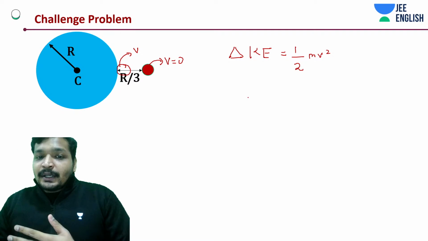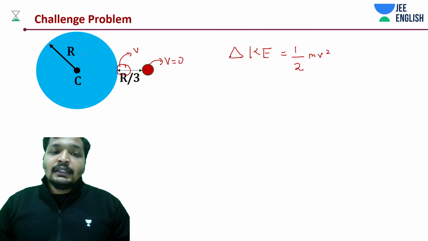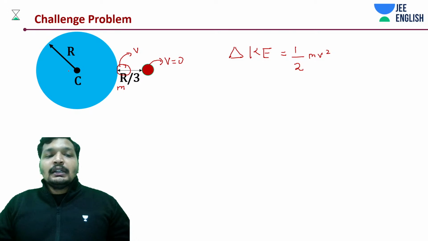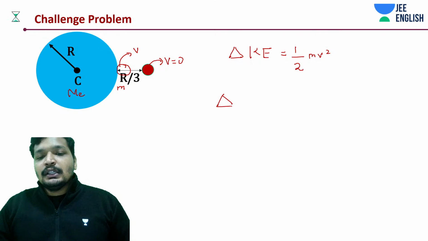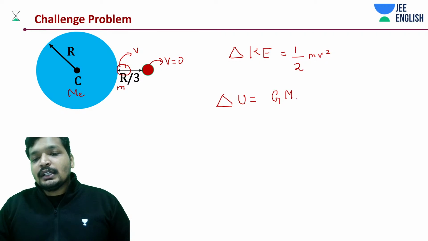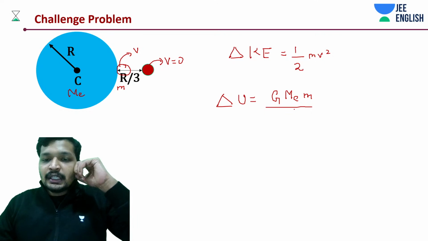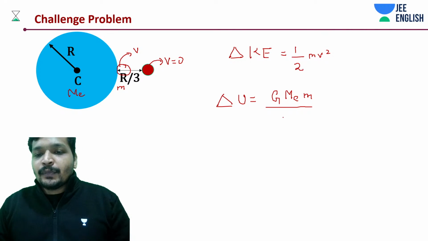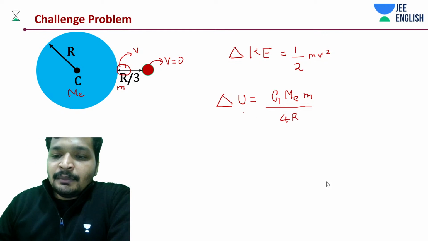It's not mgh, but rather GMEm by 4R, given that the mass of the ball is m and the mass of Earth is ME. The minus is not there because it has already changed, and of course it has reduced because you are subtracting the first quantity from the second quantity. You got a positive value, by 4R. Now all you need to do is equate both the terms as usual.